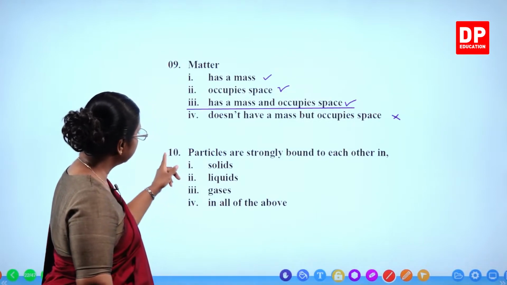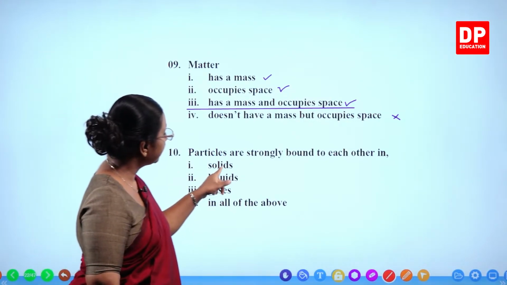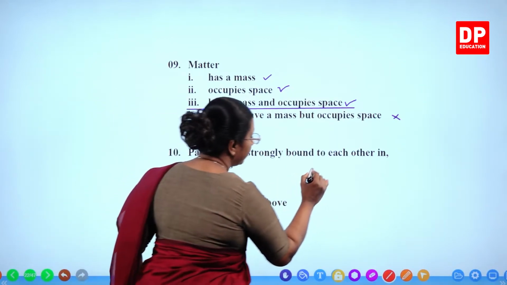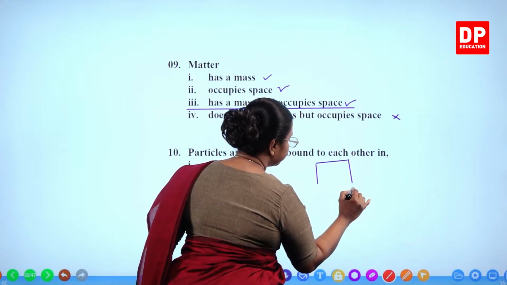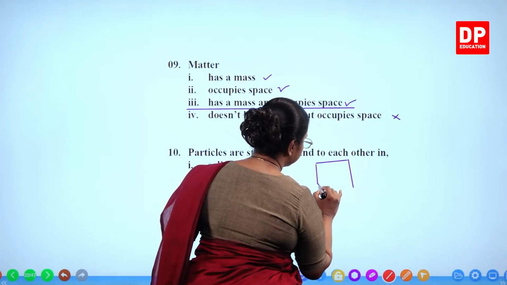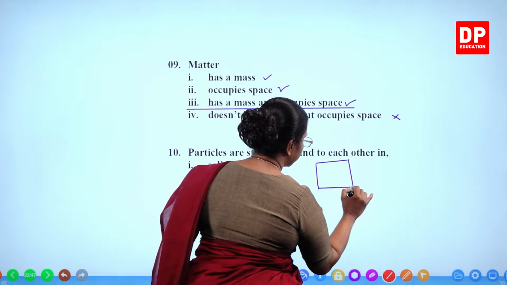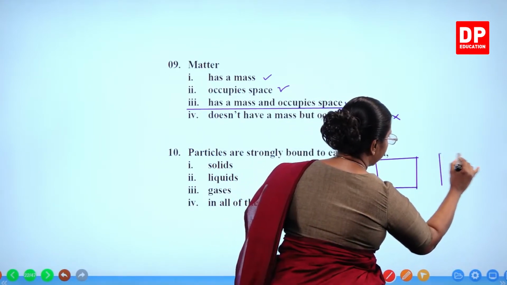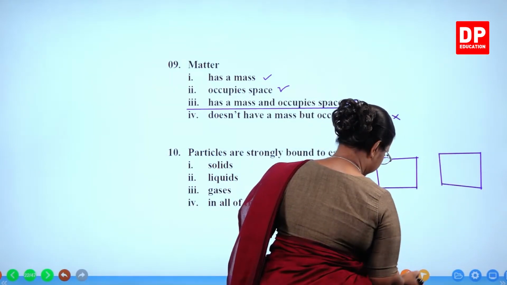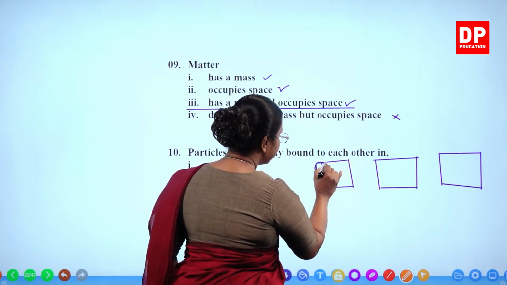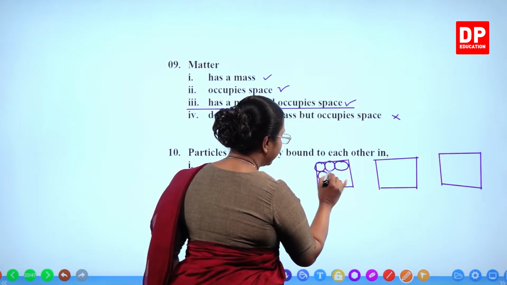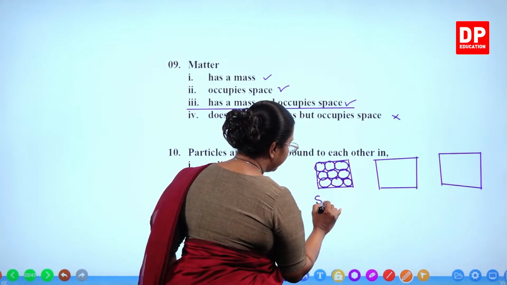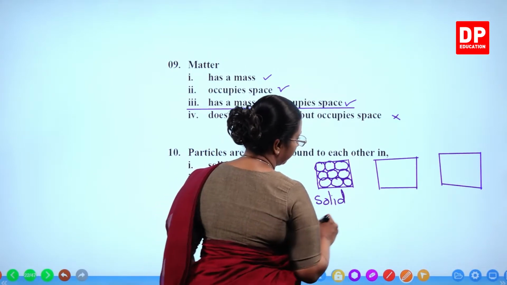Then, the 10th one. Particles are strongly bound to each other in what? If you take solids, liquids and gases. Now, in solids, the particles are very tightly packed and they are very strongly bound.